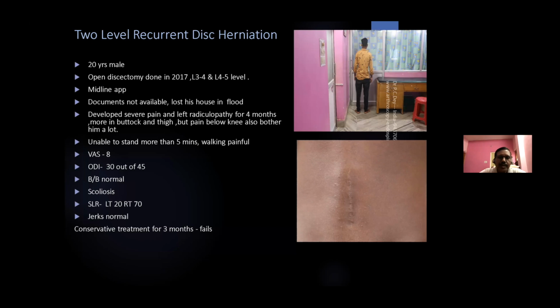He developed severe pain and left radiculopathy for 4 months, more in the buttock and thigh, but pain below the knee was also bothering him a lot. He was unable to stand more than 5 minutes, and walking was painful. VAS was 8, ODI was 30 out of 45 because he is unmarried. Bladder and bowel were normal, scoliosis was mild, and SLR was 20 on the left side and 70 on the right side. Jerks were normal. Conservative treatment for 3 months failed.